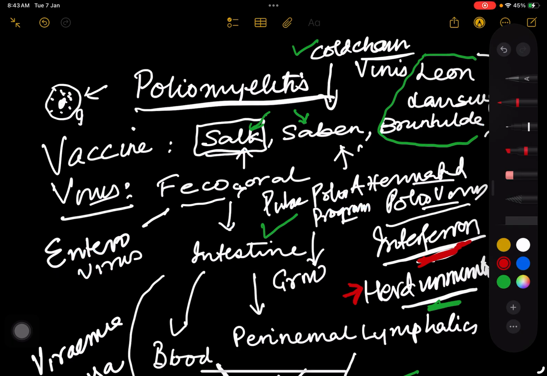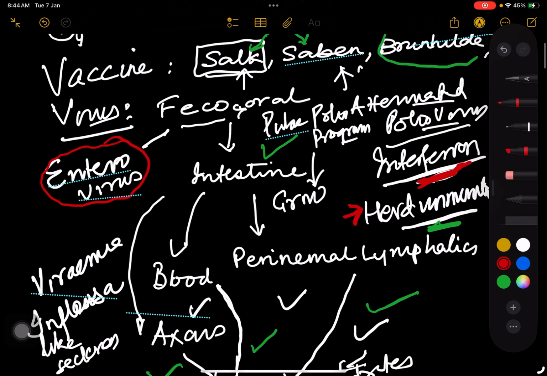Now the Lyon, Lansing and Brunhilde viruses are enteroviruses. That means they grow in the intestine. They are secreted in the feces and they affect another person by the oral route.